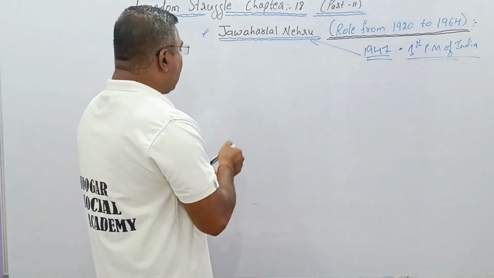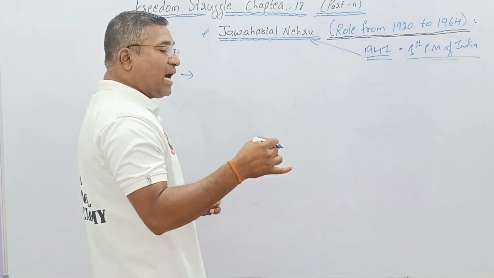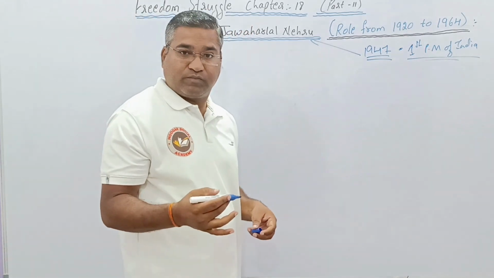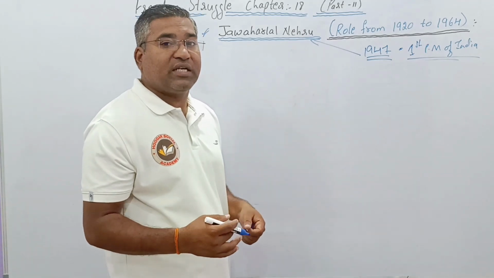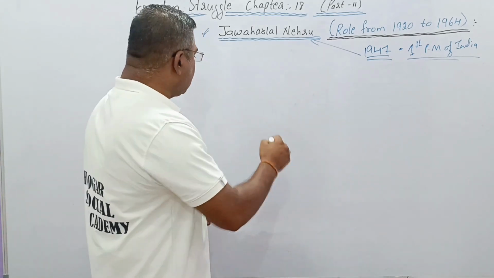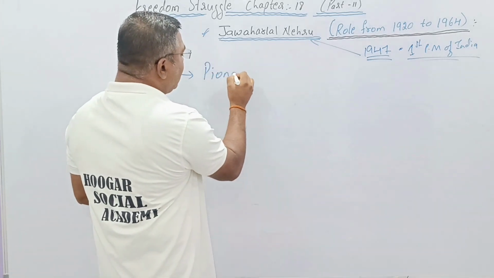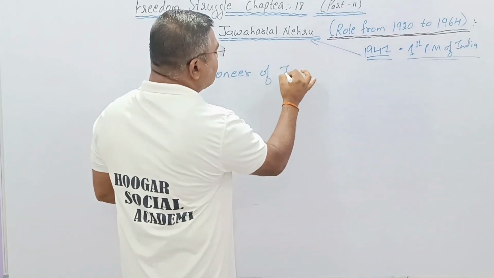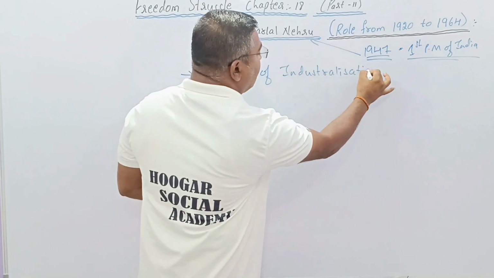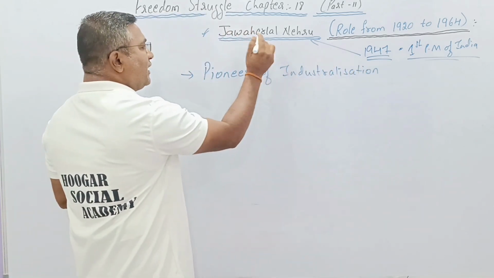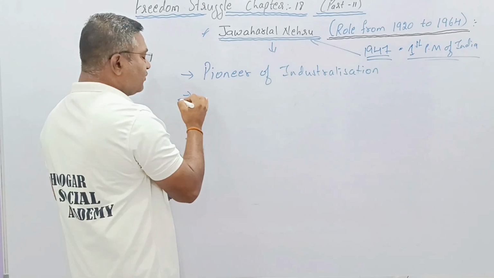So when Pandit Jawaharlal Nehru became Prime Minister of India, he concentrated on the development of industries. So he is referred to as the pioneer of industrialization. Pioneer of what? Industrialization. Who? Pandit Jawaharlal Nehru.